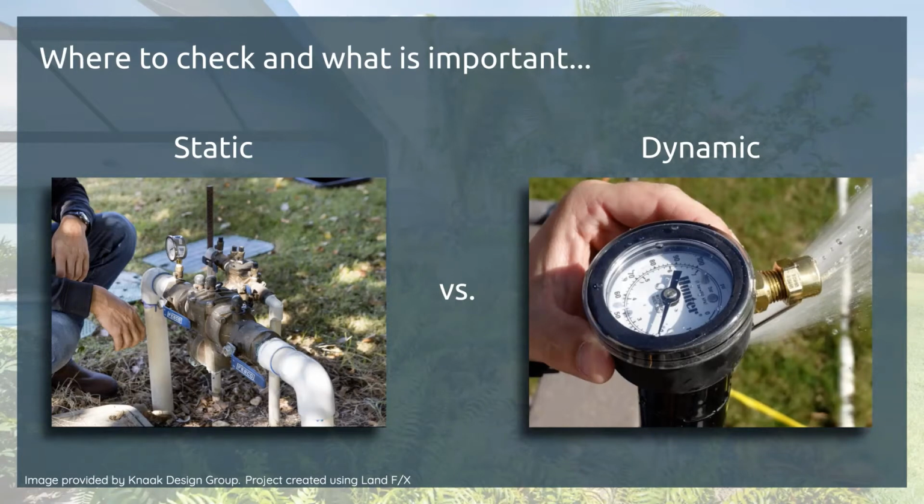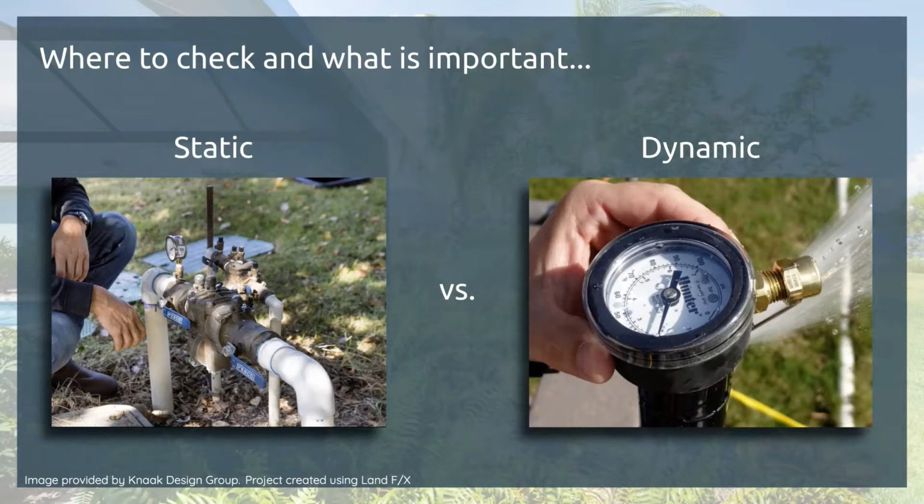And static is what we're going to have as that available pressure. And there's different places to check the pressure. So obviously having the right tools and the right hookups to the different positions in the line is going to give you different readings as well.